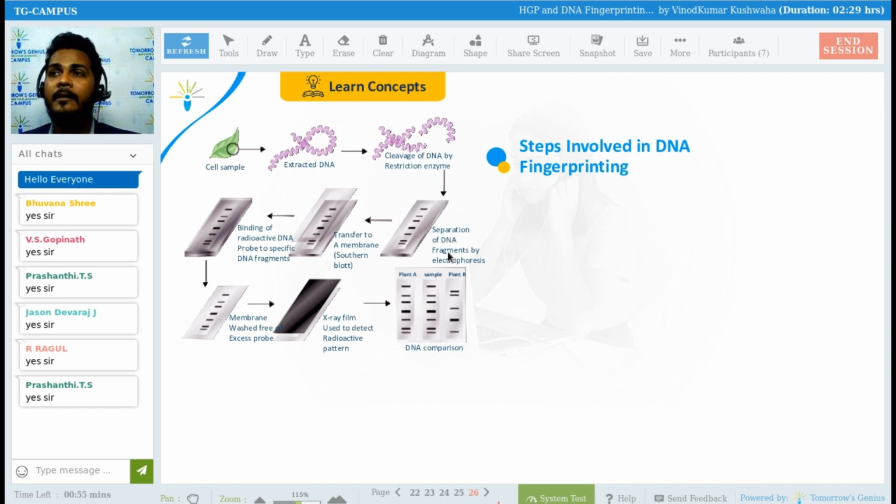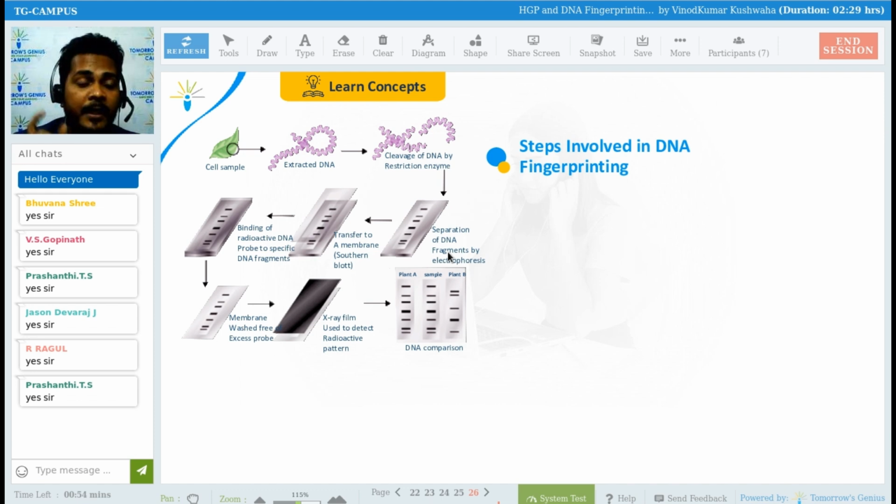Means any kind of sample you have, suppose any plant cell, any animal cell, any cell, you can isolate the DNA present in the plant cell or animal cell or any kind of organism. So in the case of a plant, you can isolate the cell, and inside that cell there is DNA.